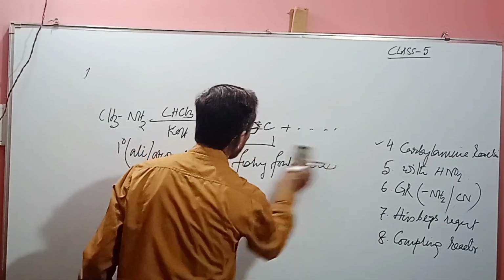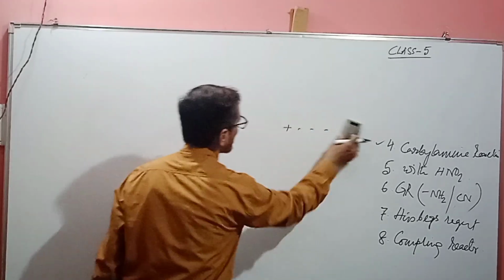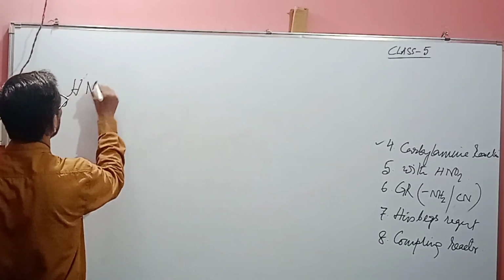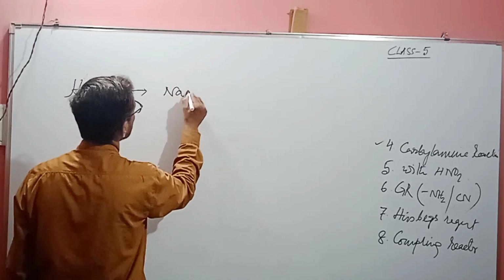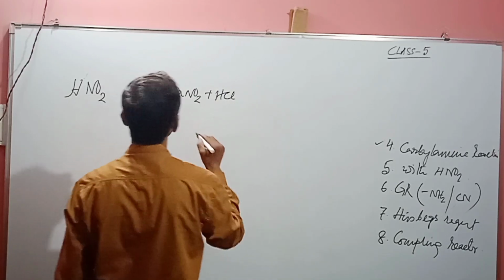Next one is with HNO2, nitrous acid, which can be obtained from sodium nitrite plus HCl during the reaction, and it is an in situ preparation. I told you earlier.